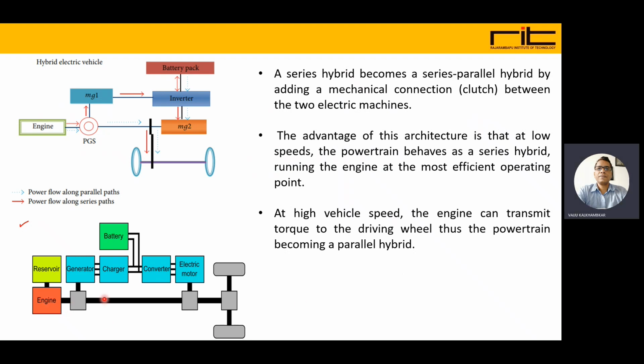The same is shown in this diagram, where the engine can be directly connected to the wheels, or by opening a suitable clutch, the engine can drive the generator, which can supply the electric motor, and then it will give to the shaft or the drive train.